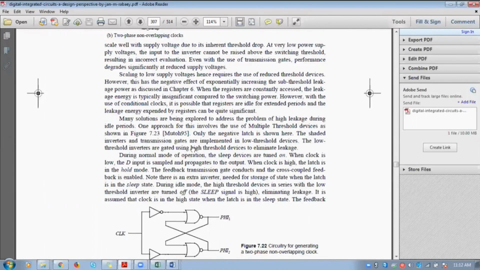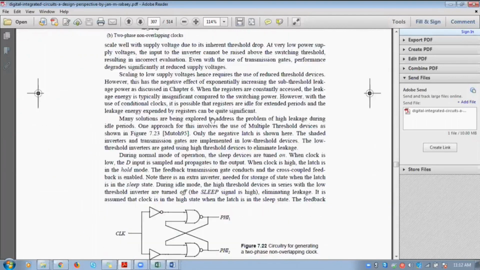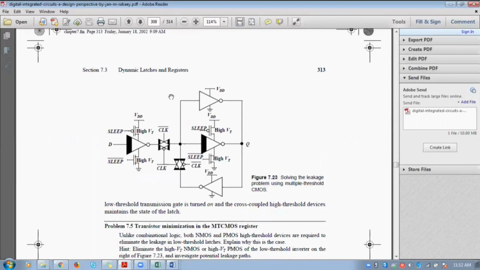Next circuit what we have to discuss is a low voltage static latch. This is the diagram of a low voltage static latch with multiple threshold CMOS. So why do we require a low voltage static latch?